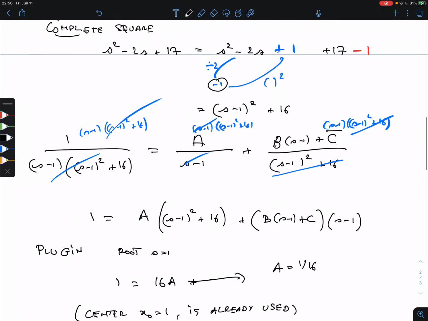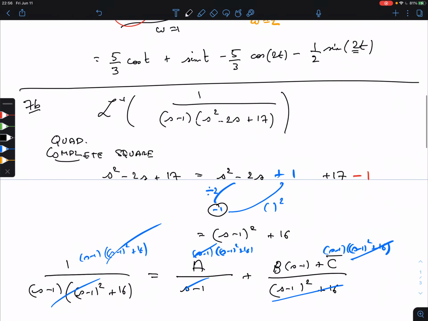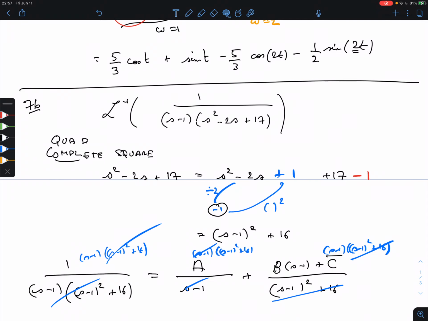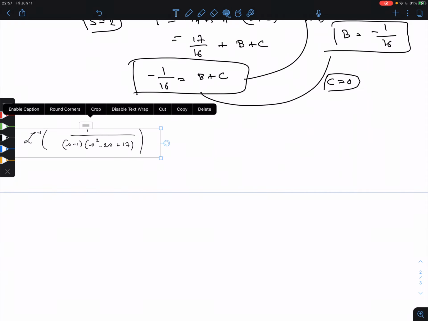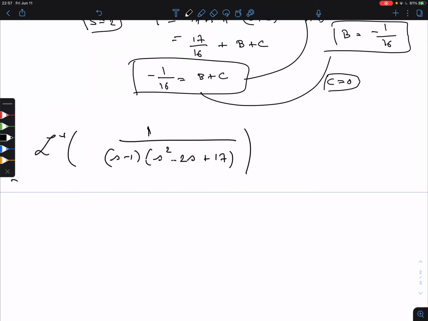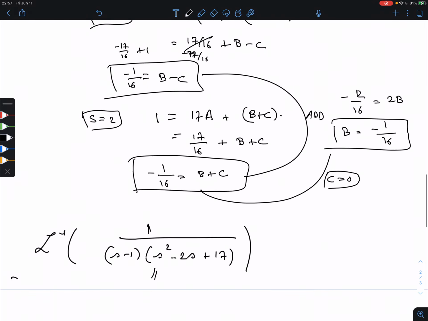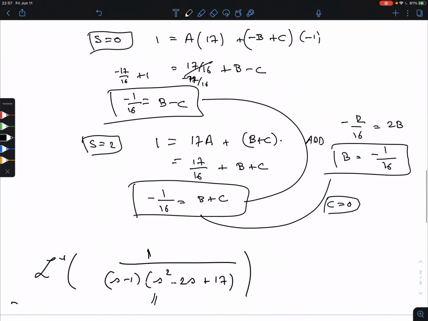So our original function, let me take it here, let me copy it. This original function, that's the one here, right? Is a, which is minus 1 over 16, or was it 1 over 16?